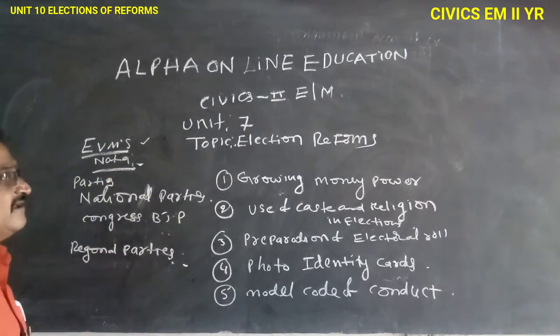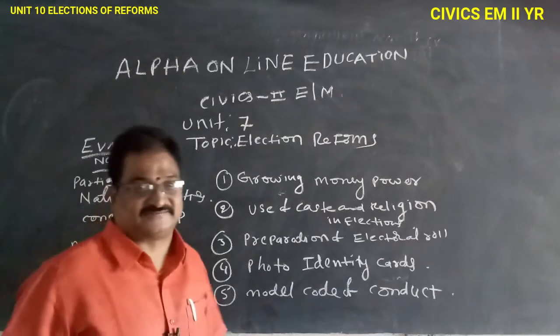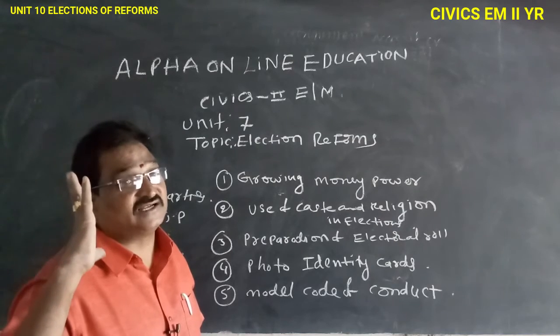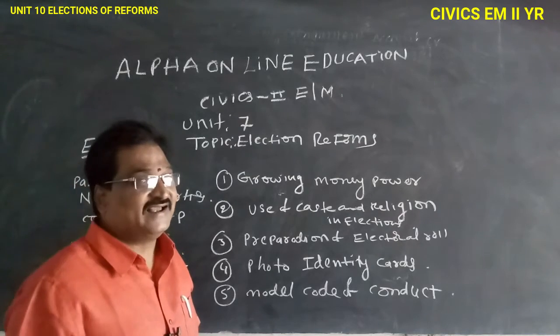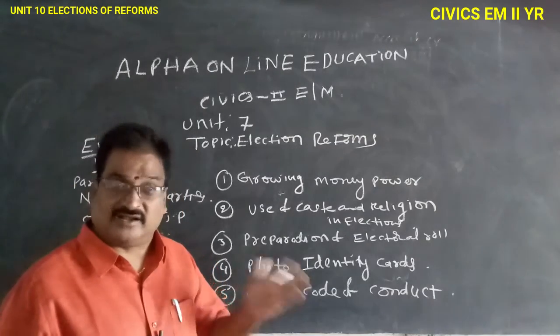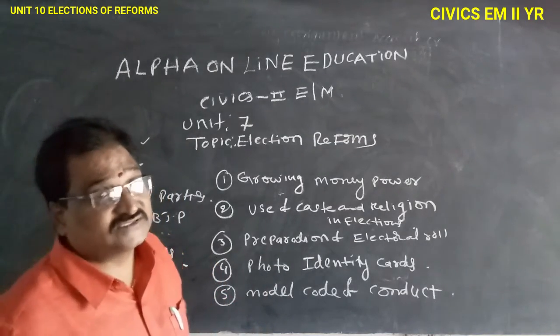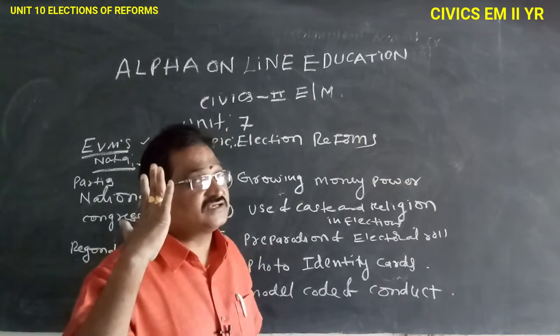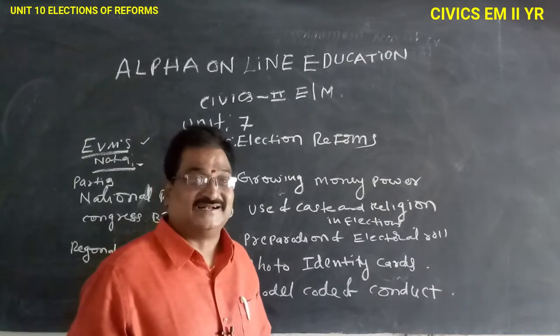Now, regarding the reforms of elections, once upon a time the powerful Election Commissioner in India was Mr. T.N. Seshan. At present he is not living. Once upon a time he was the powerful Election Commissioner.